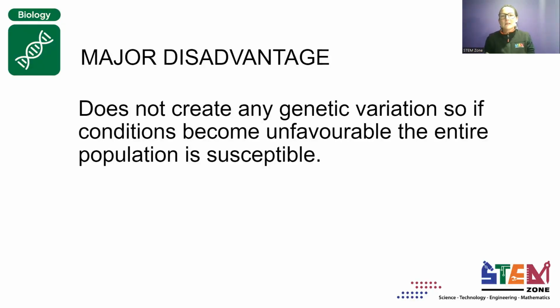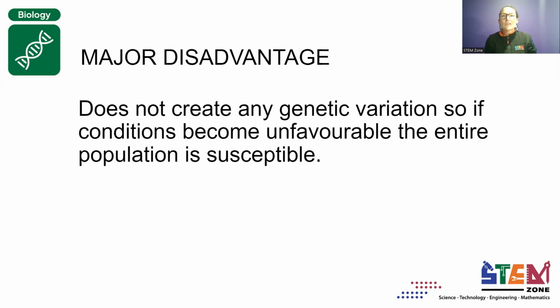But if there is some kind of change, if there's a disease, a plague or something that one of us is susceptible to, then because we're all genetically identical, often that means that all of us are susceptible to that disease or to that particular environmental condition.